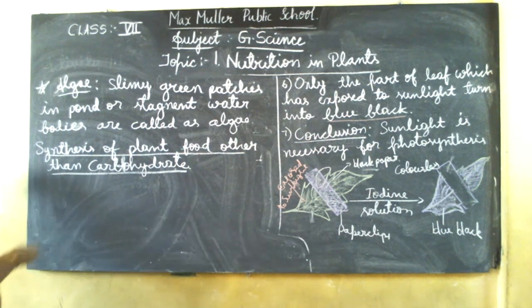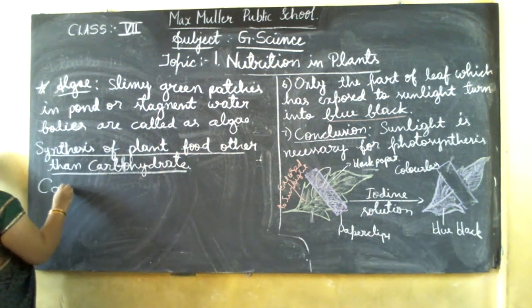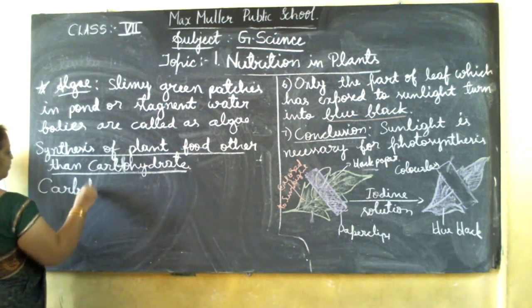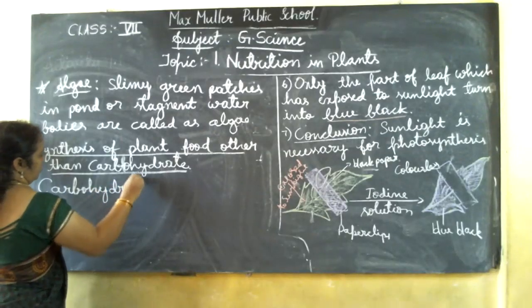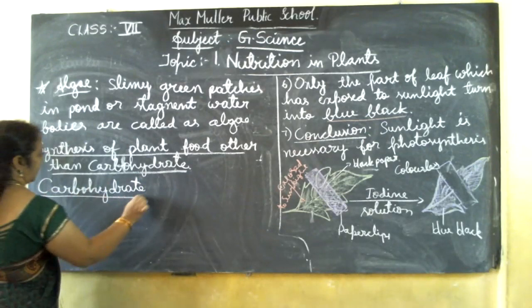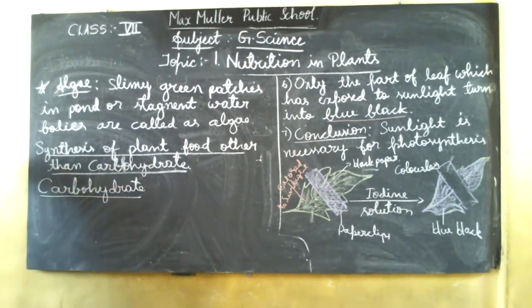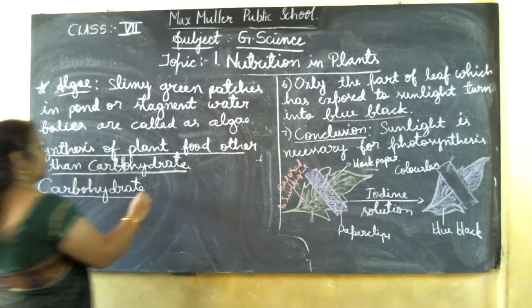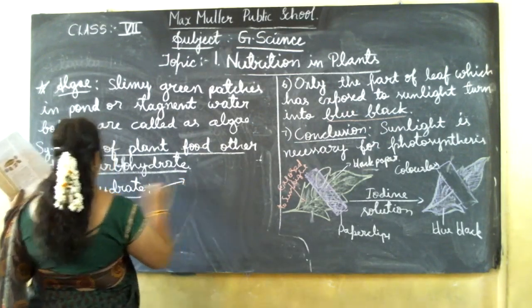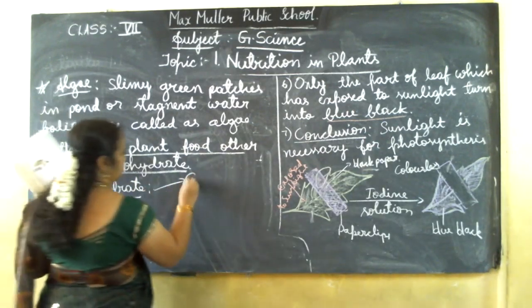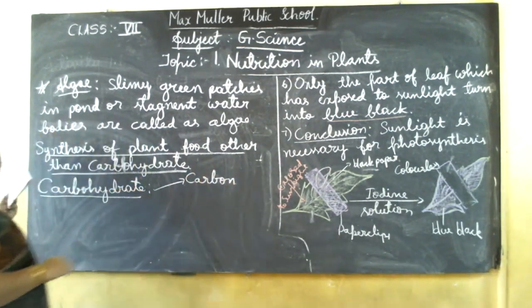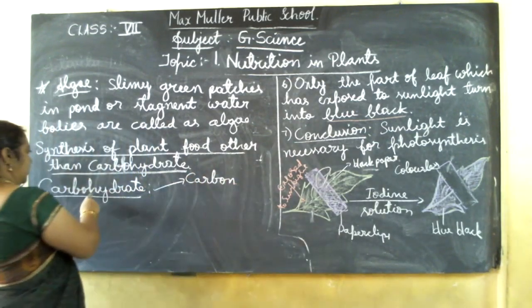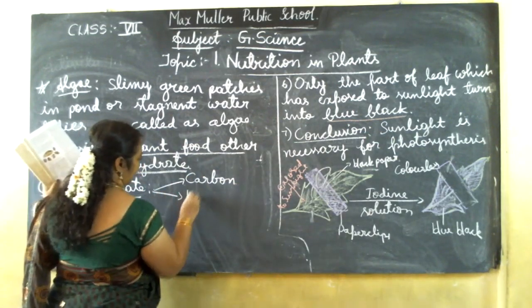So you know carbohydrate is prepared. What does it have? Carbohydrate has three things in it. One is carbon. Then one more, hydrogen.